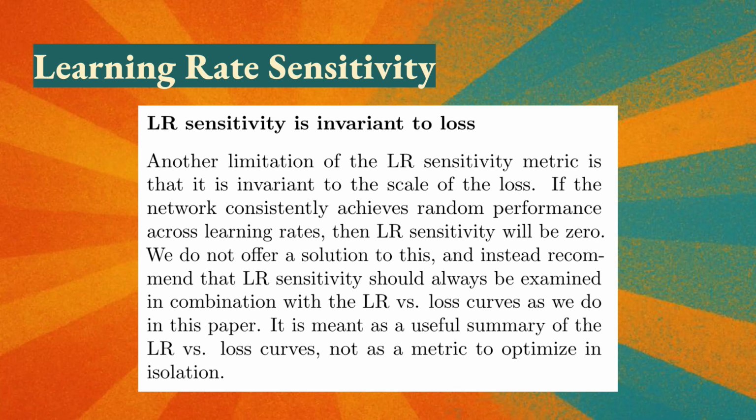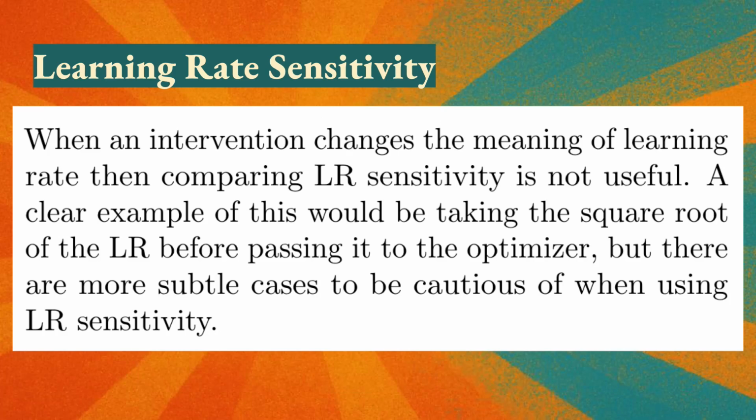It is meant as a useful summary of the LR versus loss curves, not as a metric to optimize in isolation. So again, the key thing is consistency. If you're training a model with 7 different learning rates, and in each case the learning rate is terrible, but it's consistent, the LR sensitivity will be good. It'll be very low. But that says nothing about the performance of the model. So you have to actually look at the loss curves and look at what the actual final eval loss is.